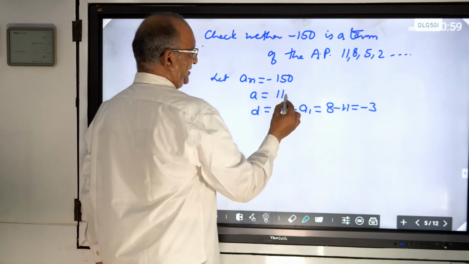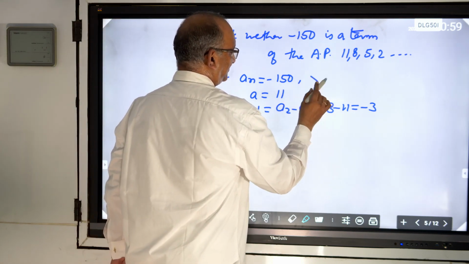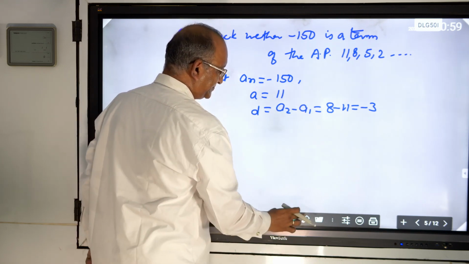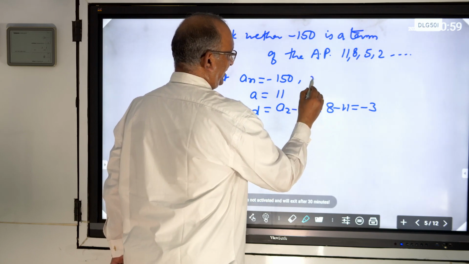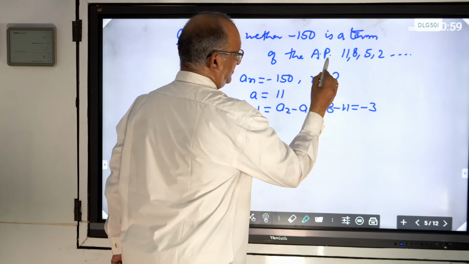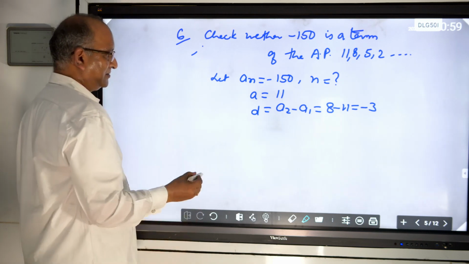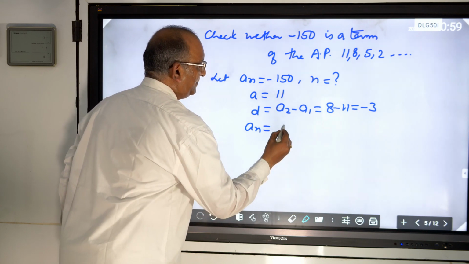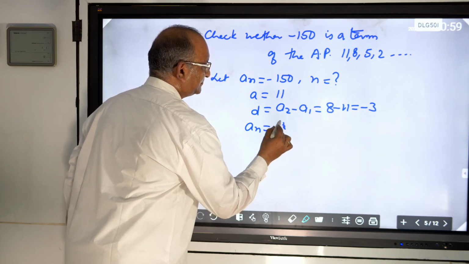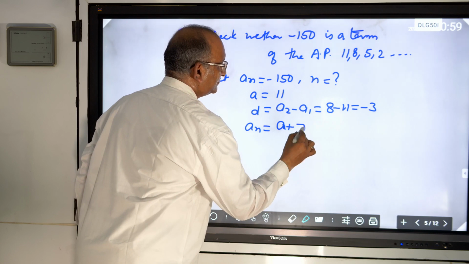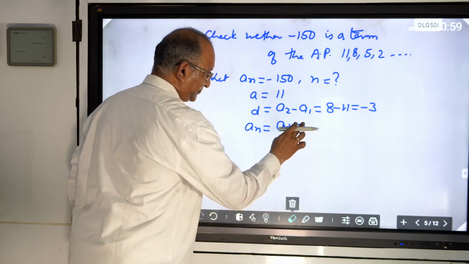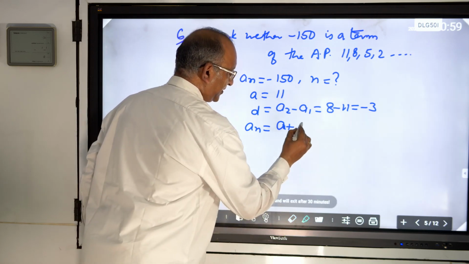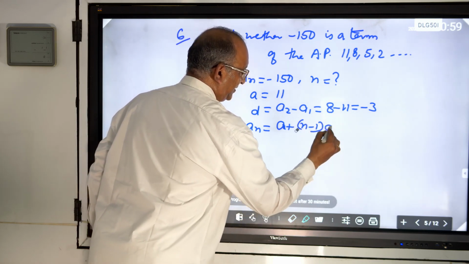What is unknown here? n is unknown. So use the formula. What is the formula? An is equal to A plus n minus 1 into d.